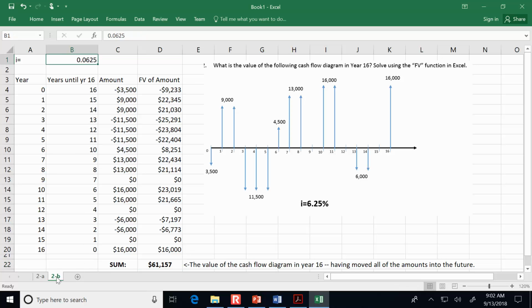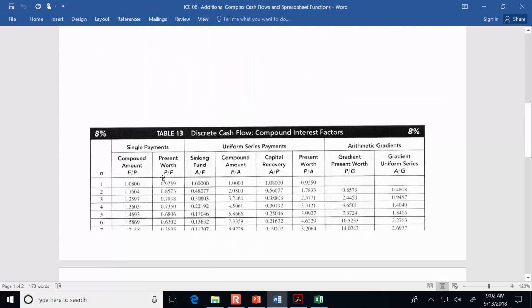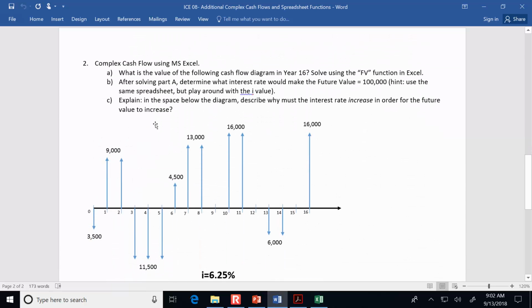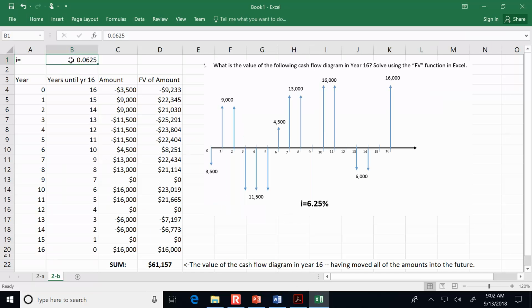All right, so B. The question says, after solving A, determine what interest rate would make the future value 100,000. So play around with the I value. Right now, if we're earning 6.25% interest, the sum of the future values is 61,157.